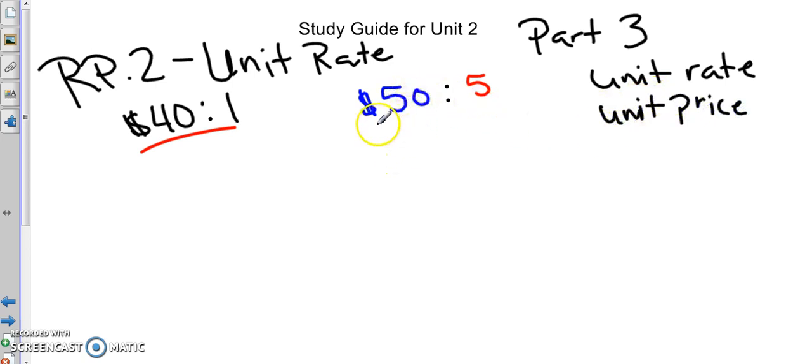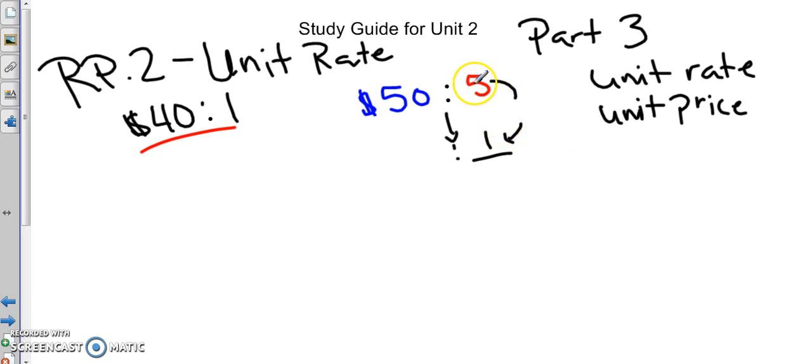So I have this $50 to these 5 shirts. What I want to do is change this ratio into a unit rate where the second number is a 1. So I have to ask myself, how do I get from 5 to 1?